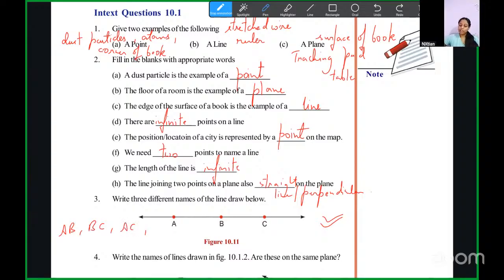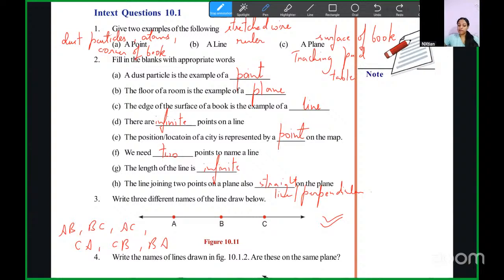Then we can also have CA, CB, BA. Okay. Remember, the question only asked 3. Yes. Any 3 you can put.